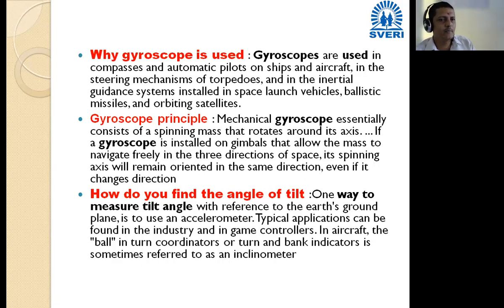It consists of a spinning mass that rotates around its axis. The balance mass, rotor or spinning mass rotates about its axis when the gyroscope is installed on gimbals. Gimbals means thin rings that allow the mass to move freely in three-directional space, X, Y, and Z axis, meaning rotational axis.